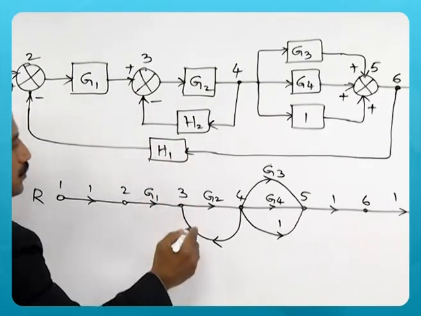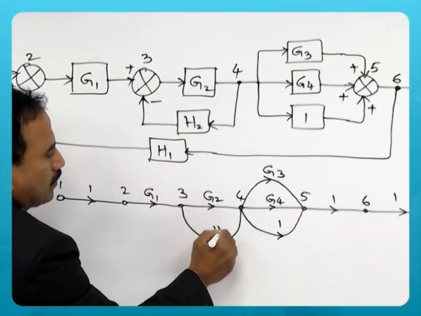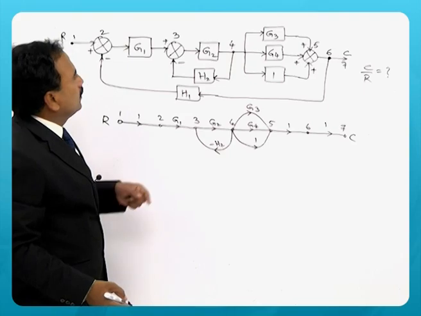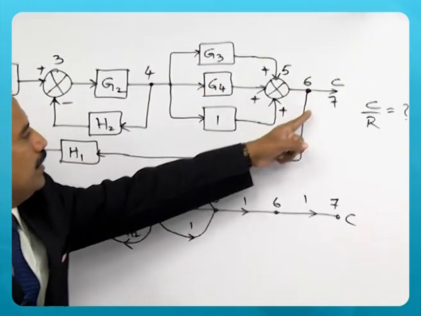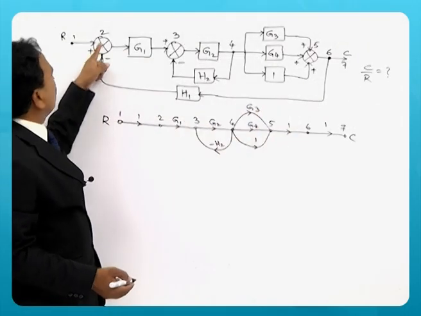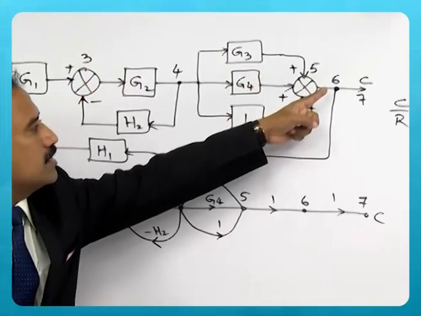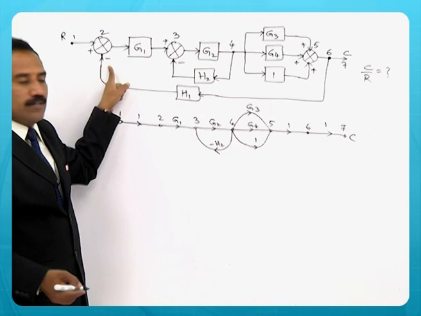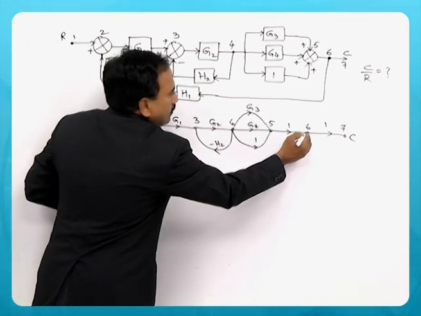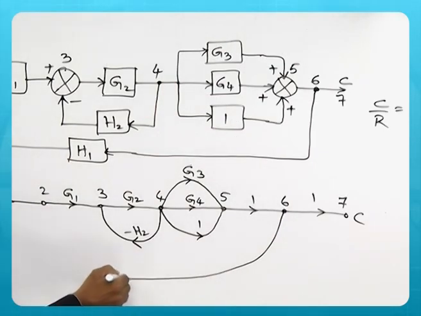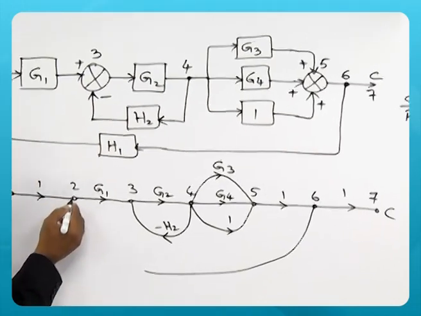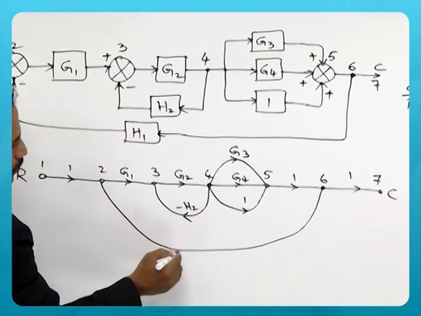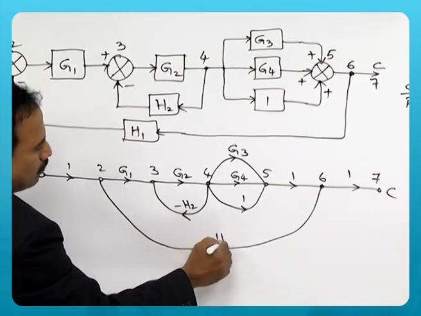So minus H2, and there is another feedback from 6, it is joining 2. So 6 is connected to 2 via H1 with minus sign. So 6 connected to 2 with minus H1.